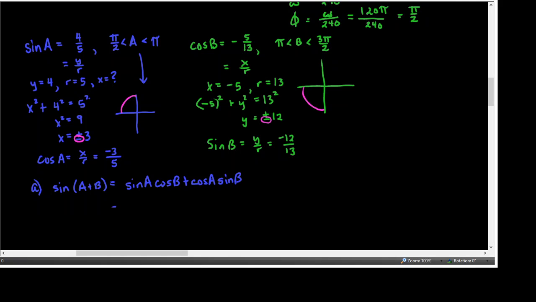And now substituting in the answers we found, sine of A was given, it was 4/5, times cosine B, that also was given, negative 5/13, plus cosine A, which we calculated to be negative 3/5, sine of B, which we calculated to be negative 12/13.